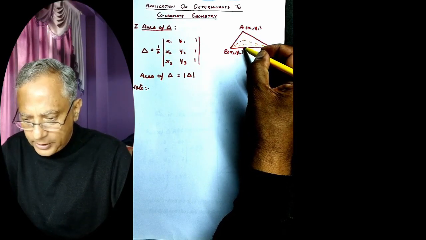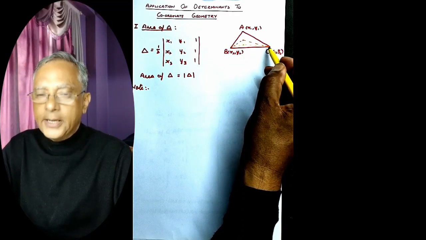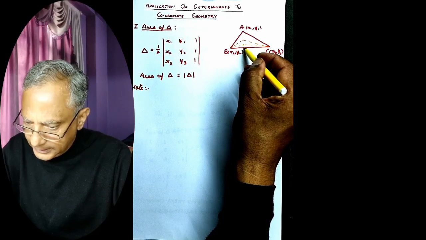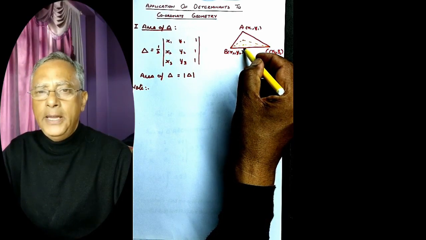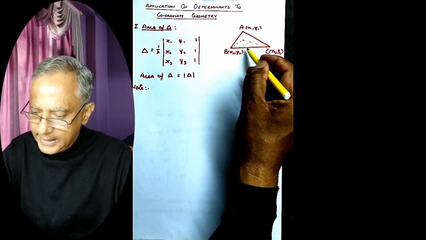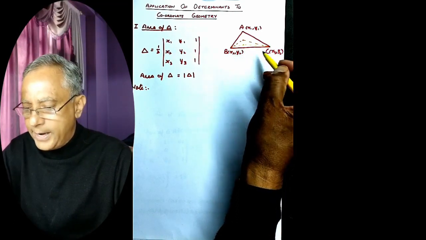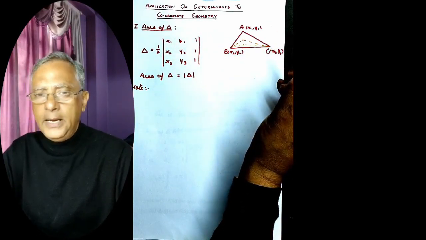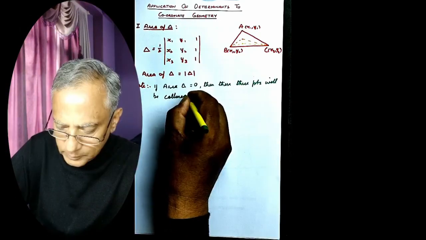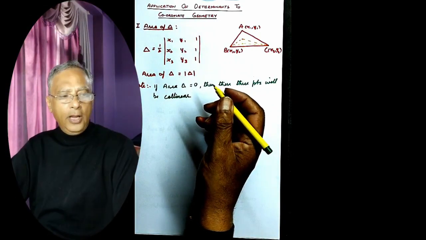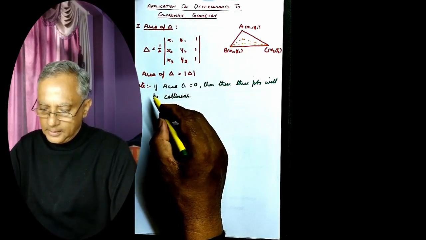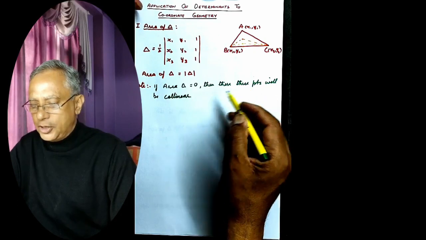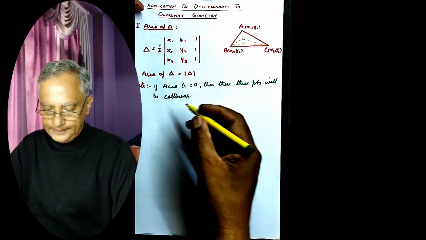And if this point is taken on this line, the area of this triangle will be 0. So if this point lies on this line, the area of the triangle will be 0. That is, if the area of this triangle is 0, then these 3 points A, B and C will be collinear. That is, they lie on a line. Thus, if the area of a triangle is equal to 0, then these 3 points will be collinear.